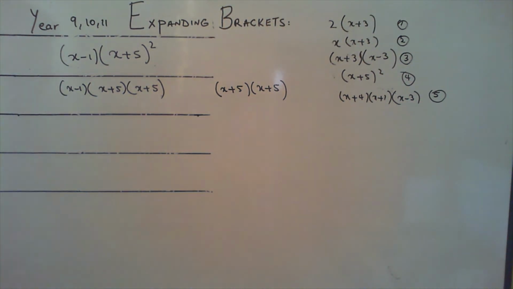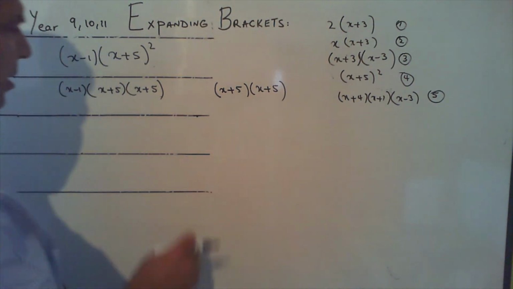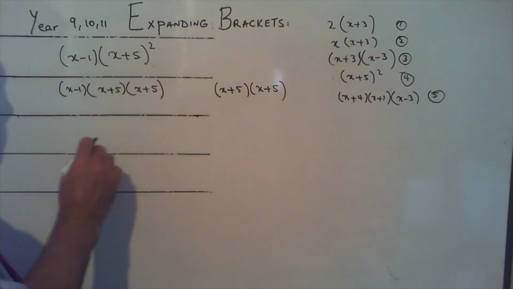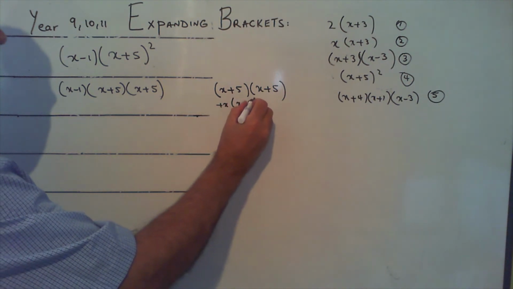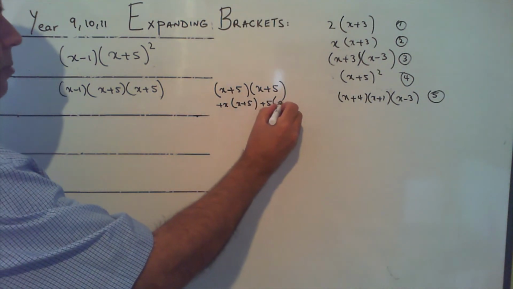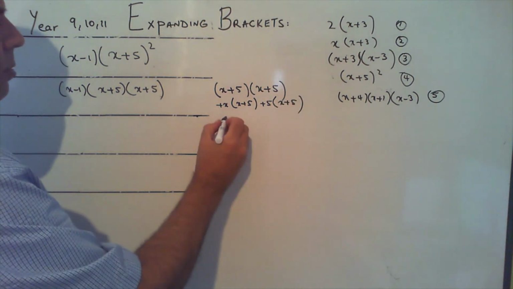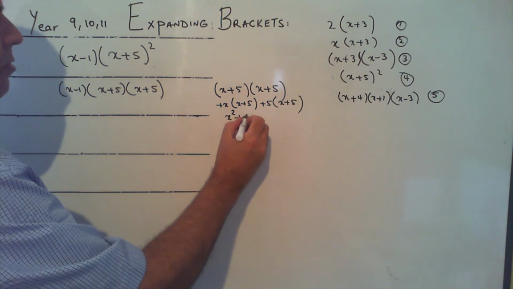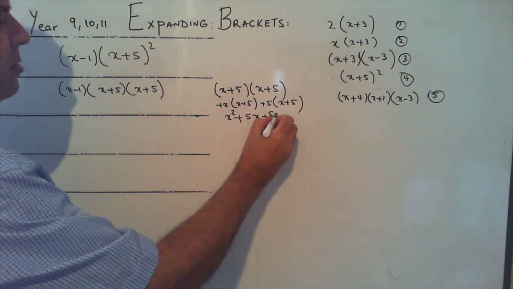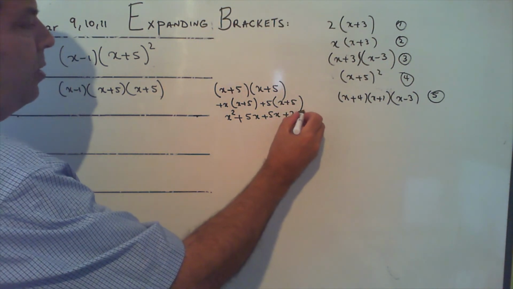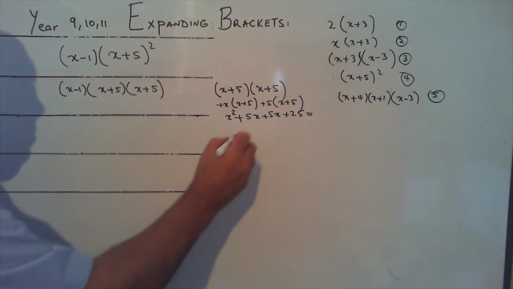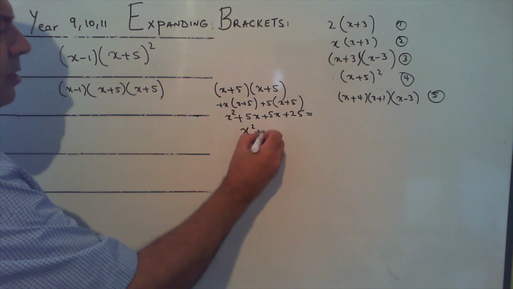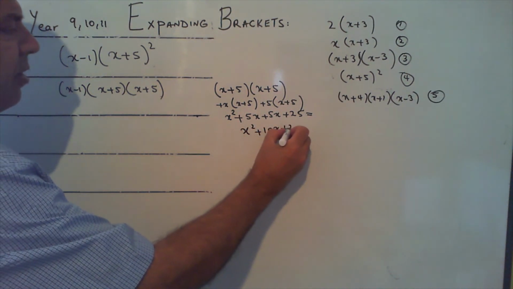By year 11 you should be able to do it straight away, but I'm going to go for the year 9 business, and I'm going to say x times second bracket, second term times second bracket, and I'm going to expand this: x squared plus 5x plus 5x and plus 25. So the whole thing, if I simplify this, is x squared plus 10x plus 25.